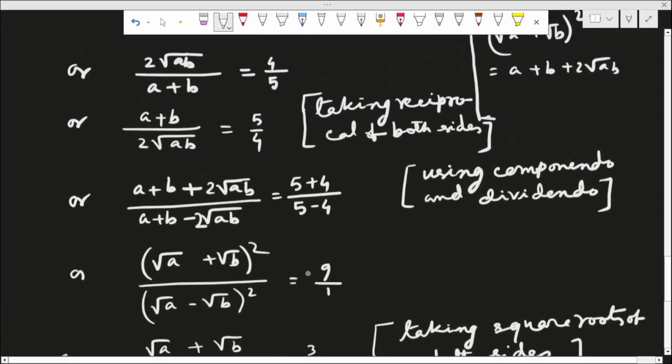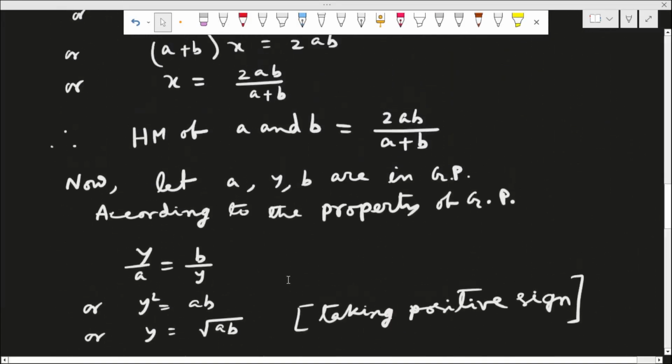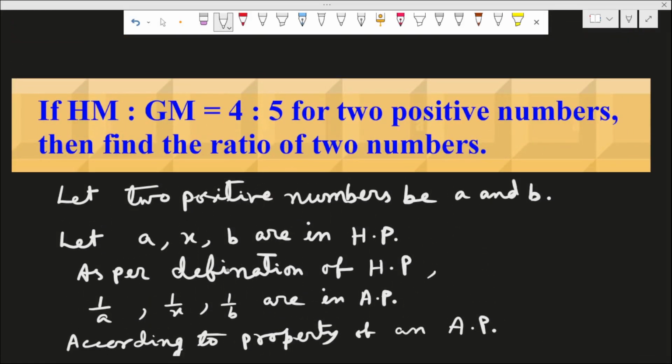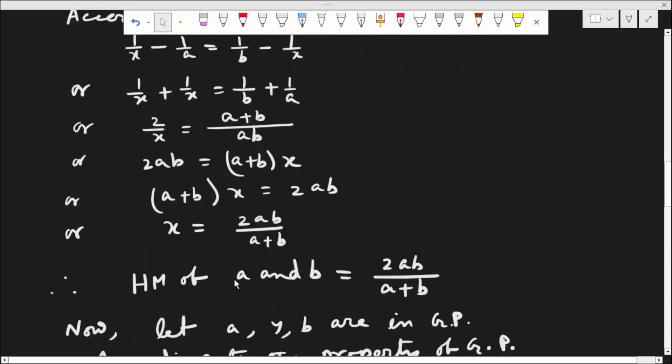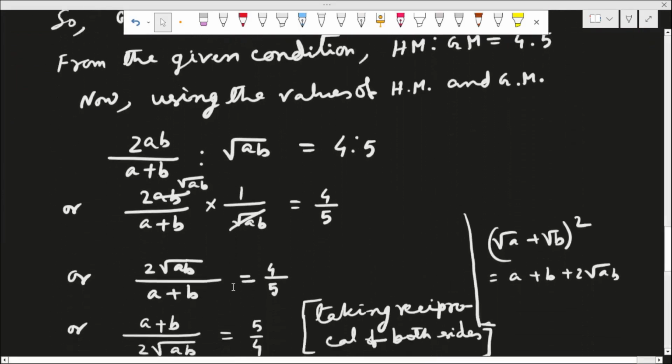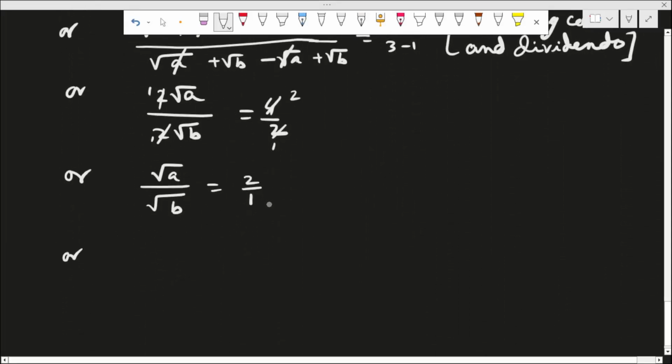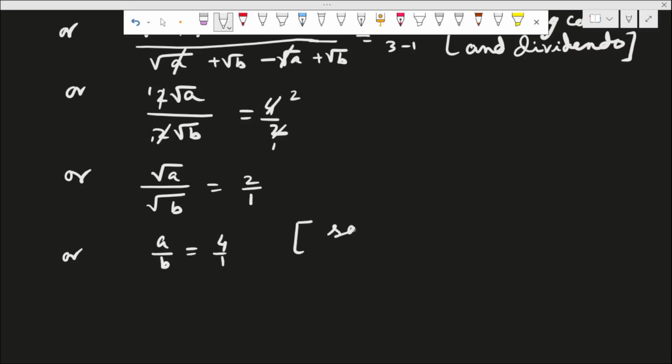But what we need is the ratio of the two positive numbers, as per the question. So in the last step, if we square both sides, we will have A and B. So A by B is 4 by 1, squaring both sides.